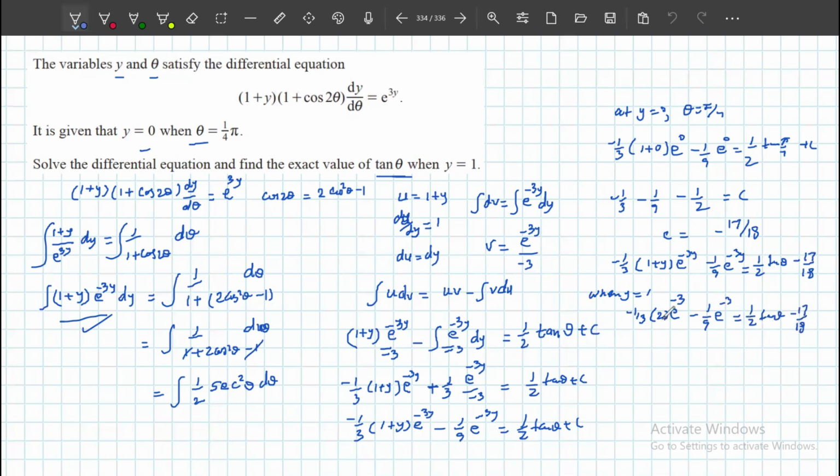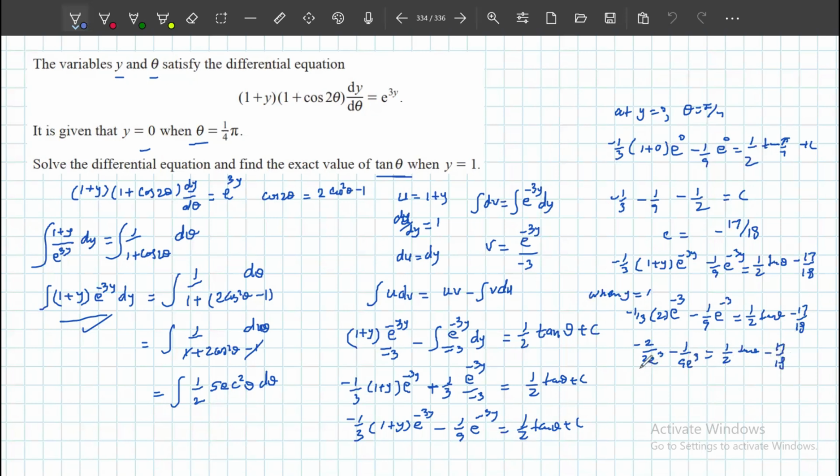And then later on it is equal to minus 2 over 3 e power minus 3, minus 1 over 9 e power minus 3, is equal to 1 over 2 tan theta minus 17 over 18.